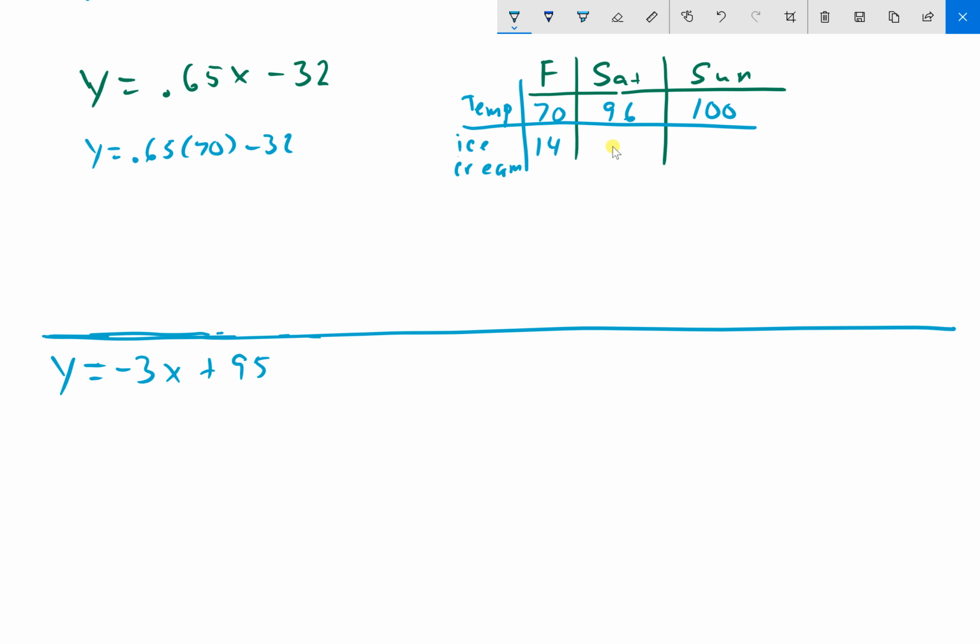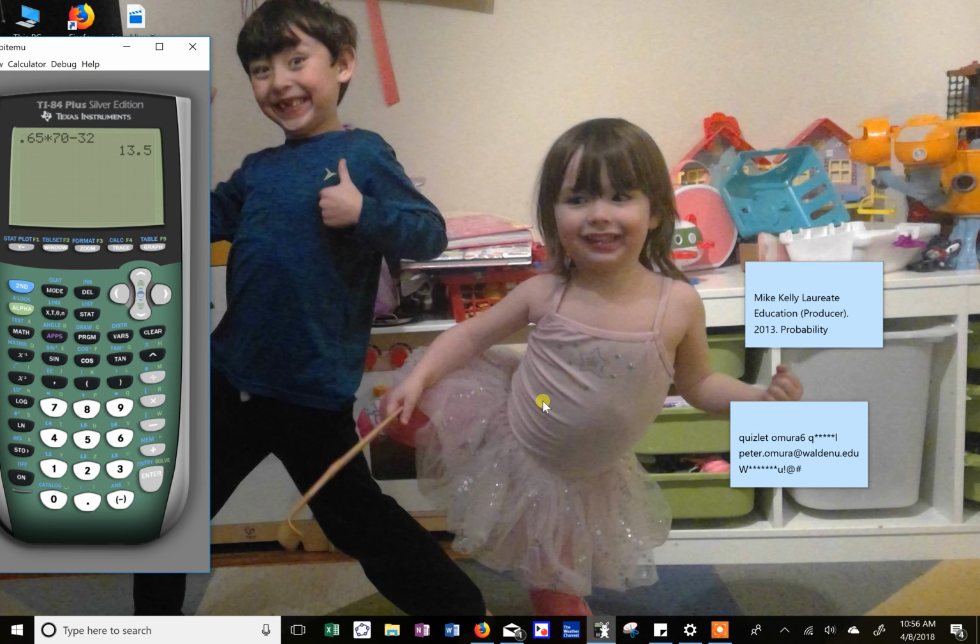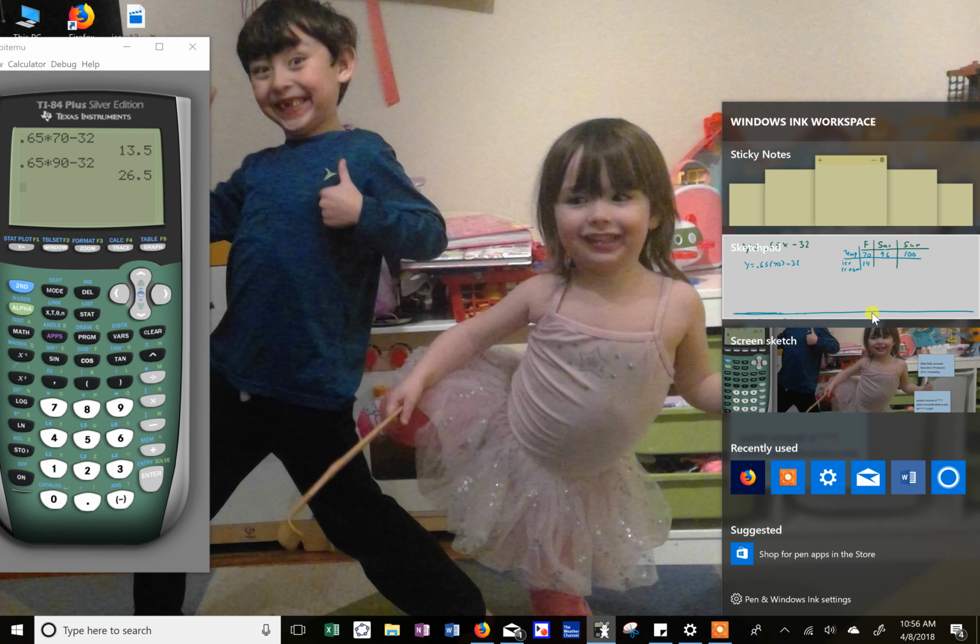On Saturday, it's going to be 96 degrees. So once again, I'm going to say 0.65 times 90 minus 32, and it looks like on Saturday I can expect to sell about 26 and a half. Oh, wait.